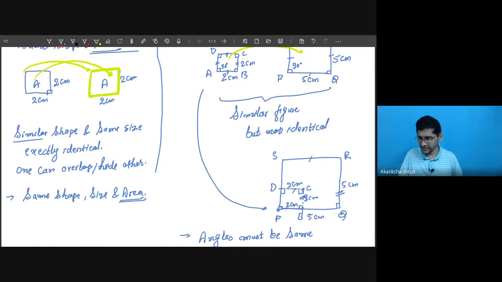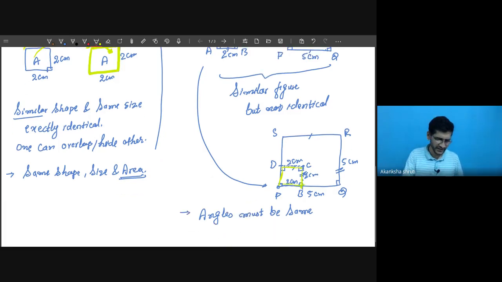And area will not be same, because here we are observing that only certain area, only this much area is being shaded by the smaller square, but the other area will remain as it is. Right? So angle must be same.